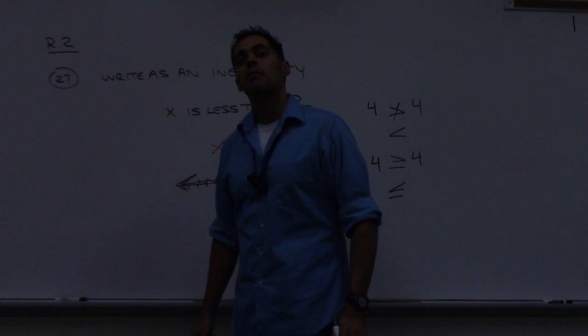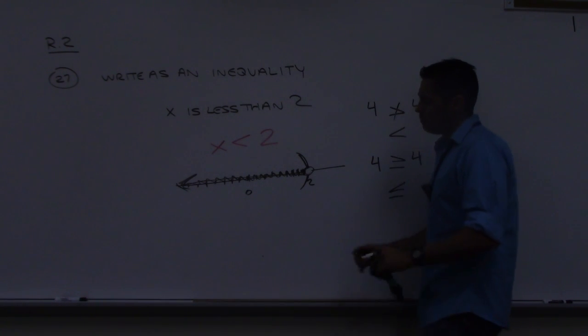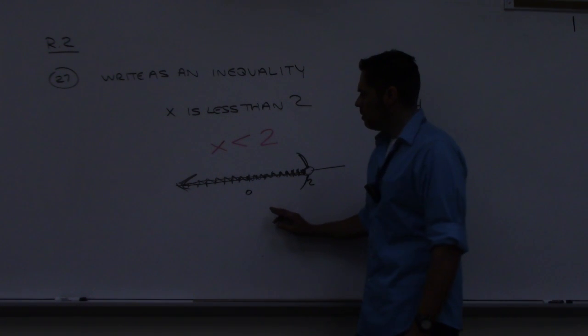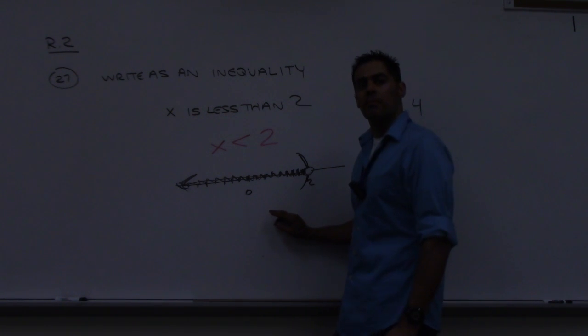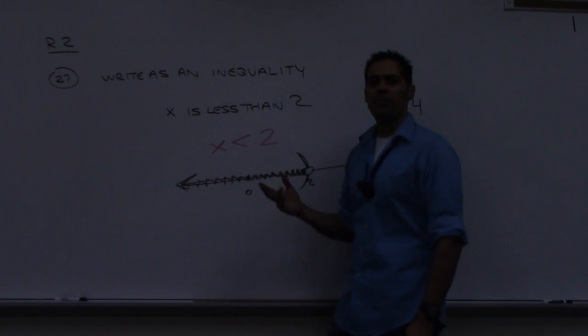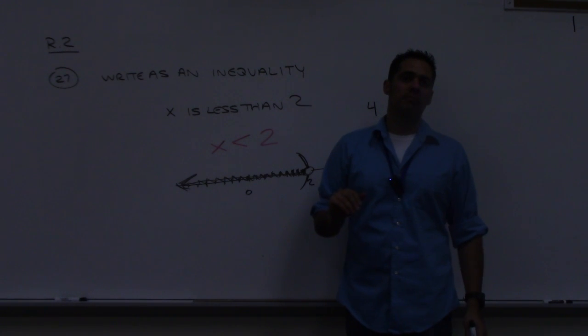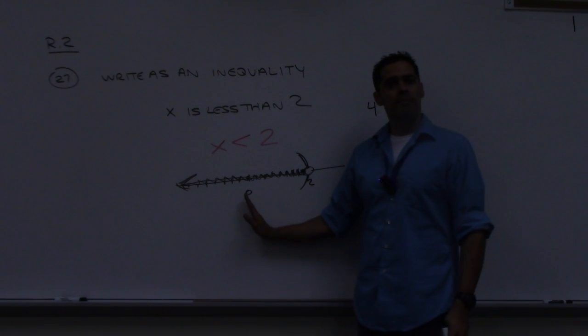Would the next be negative infinity? It goes forever, right? Okay, look. This statement, x is less than 2, means x can take on any value as long as you promise me it's less than 2. So would 0 suffice?